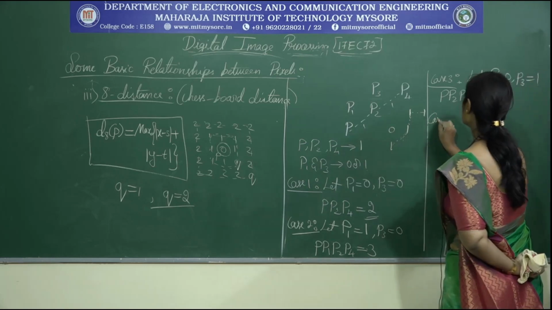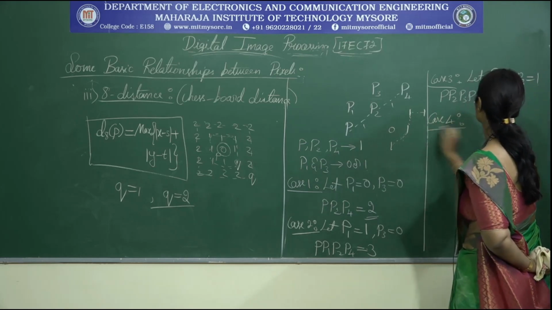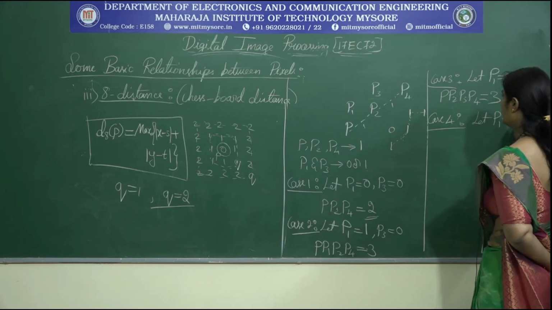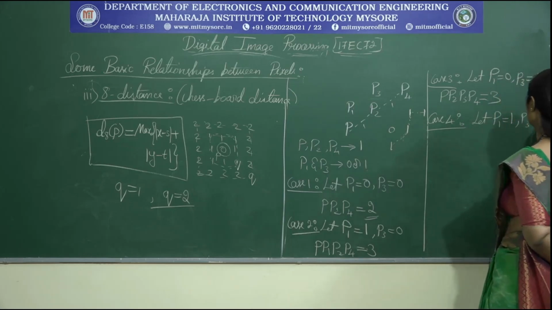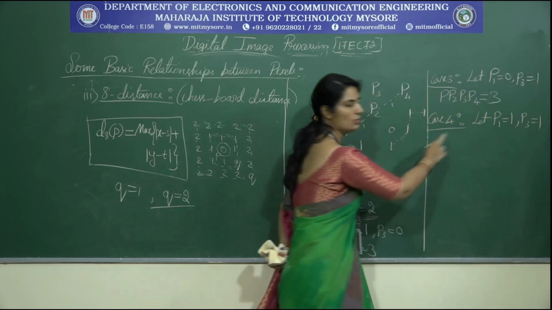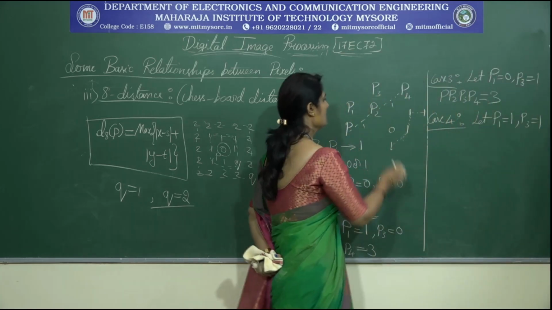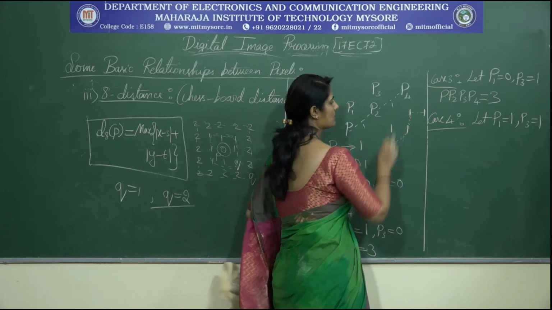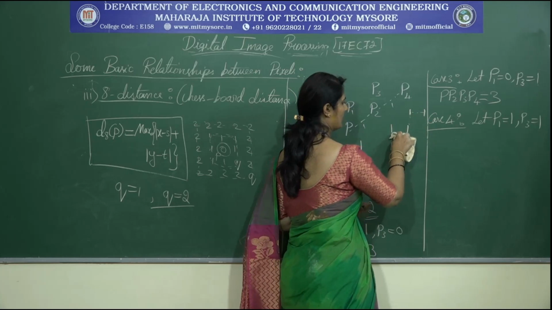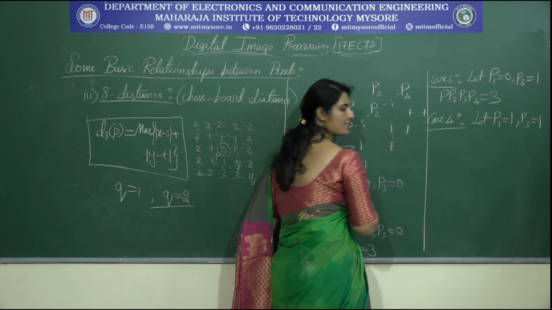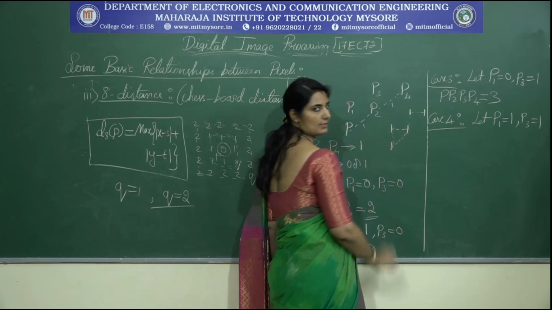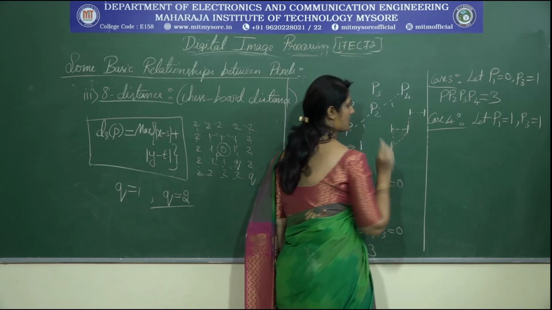And consider case 4. Let P1 is equal to 1 and P3 is equal to 1. So look at this case now. All these are 1. So now this is 4 adjacent with this, 4 adjacent with this, 8 adjacent with this, 4 adjacent.